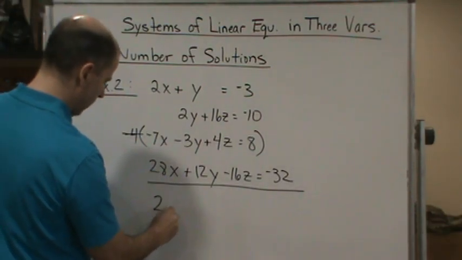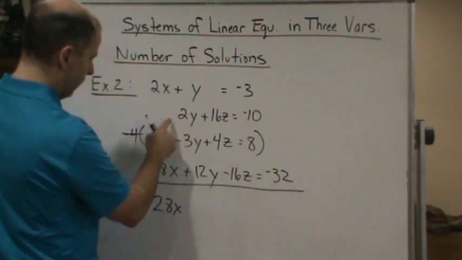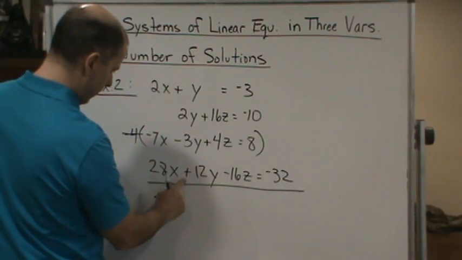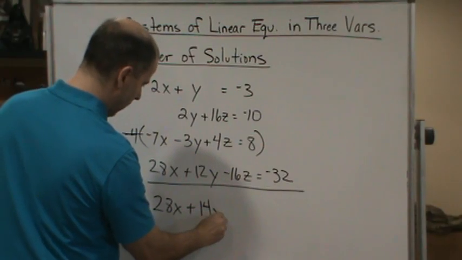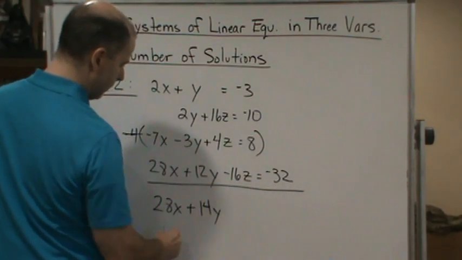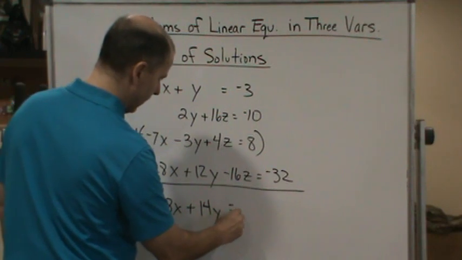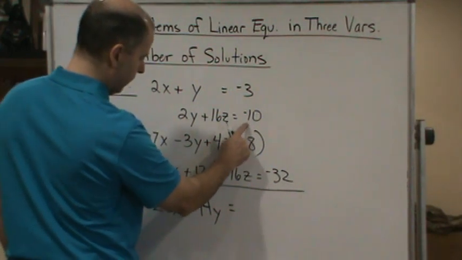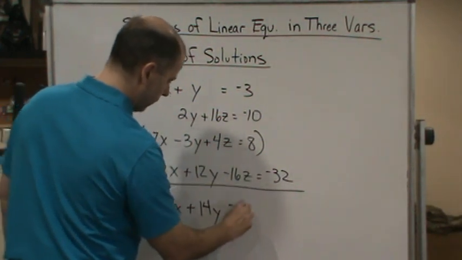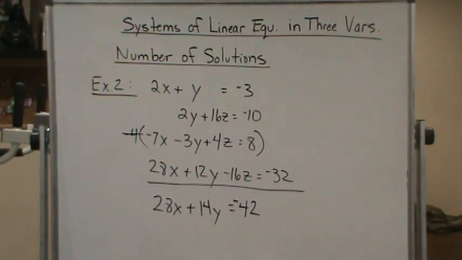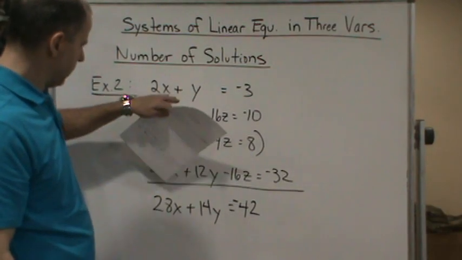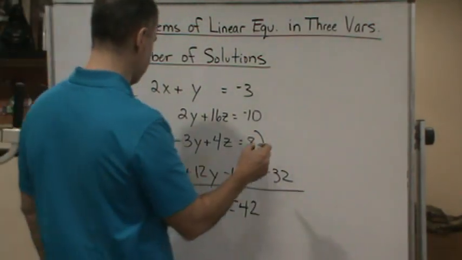So this is going to give me 28x, and then the 2y and the 12y is going to give me plus 14y, and then the 16 and the minus 16 are going to drop out, and I get what? -10 and -32, which is -42. Okay? Now, I've got this equation and this equation that I can now use to solve.